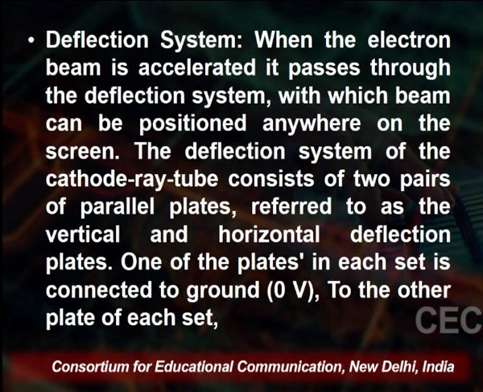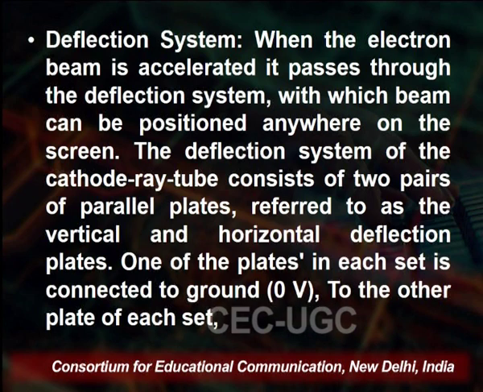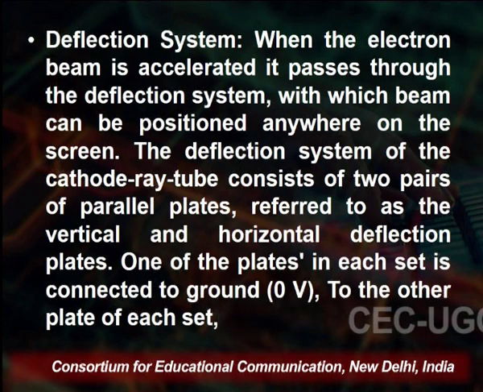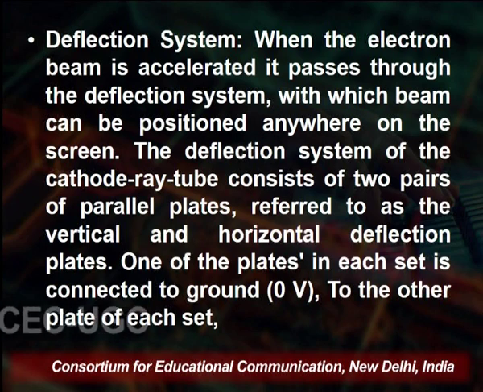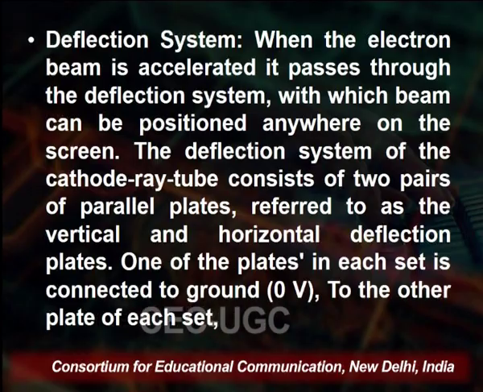The deflection system of the cathode ray tube consists of two pairs of parallel plates, referred to as the vertical and the horizontal deflection plates. One plate in each set is connected to ground, and the other plate receives the external deflection voltage through an internal adjustable gain amplifier stage.